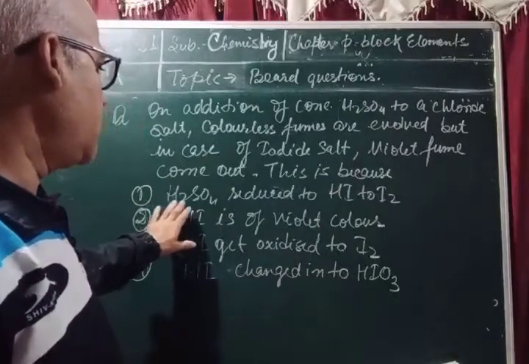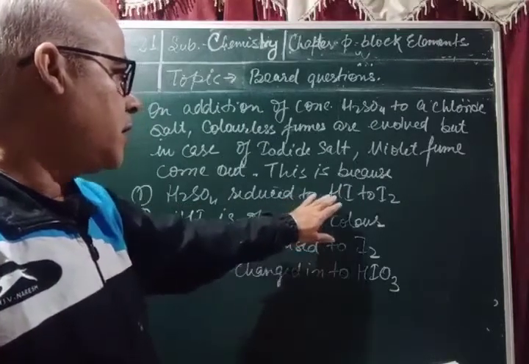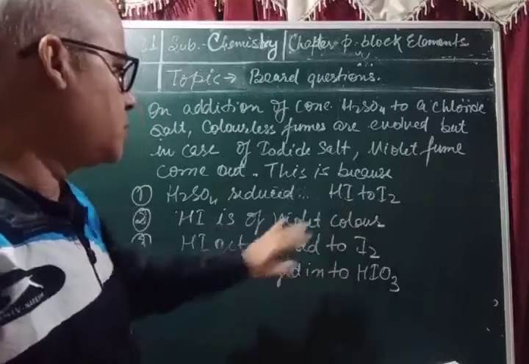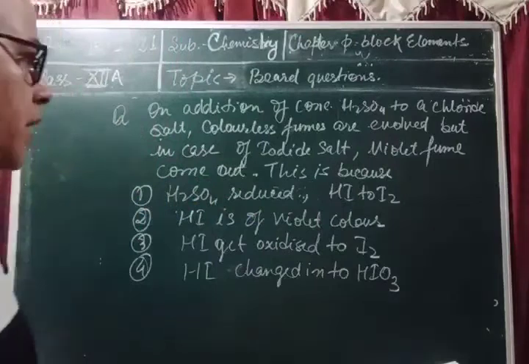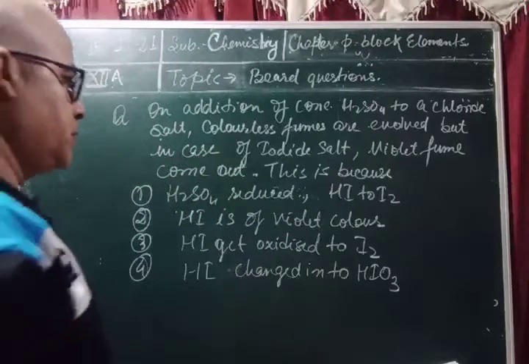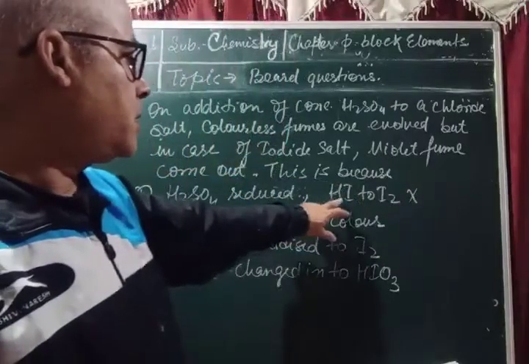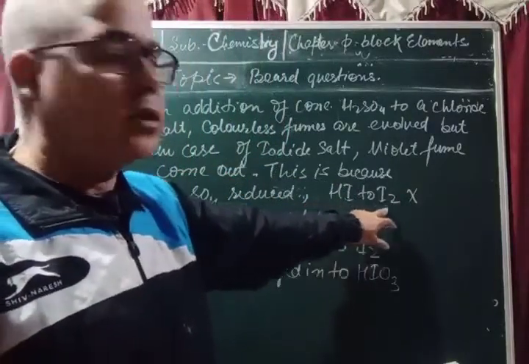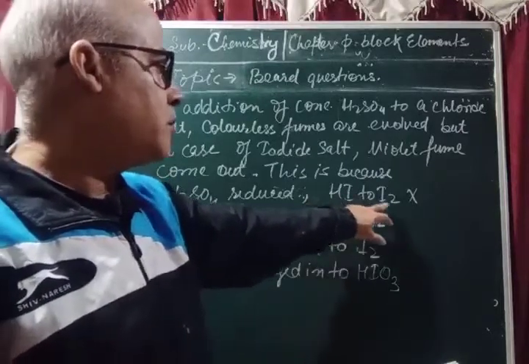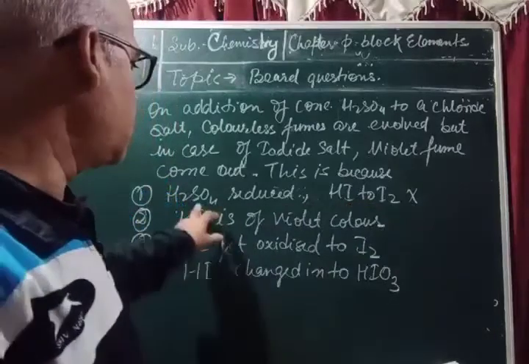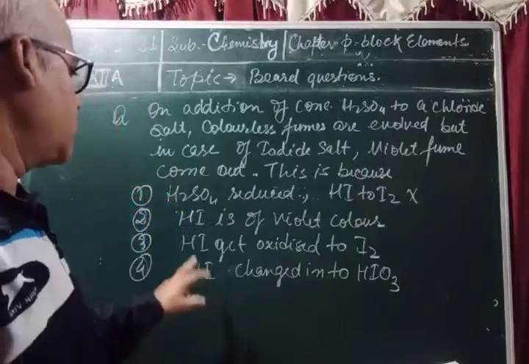First option says H2SO4 reduced to HI, to I2. This option is wrong because here oxidation is going on: I minus is oxidized into I2, but here it says reduced.